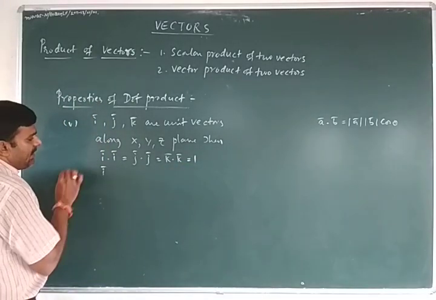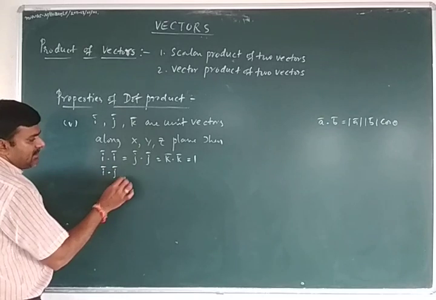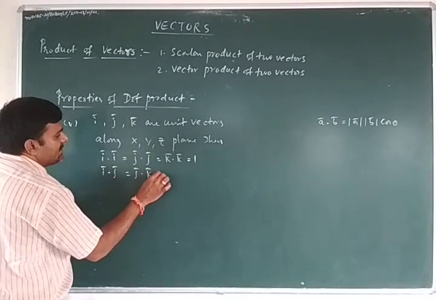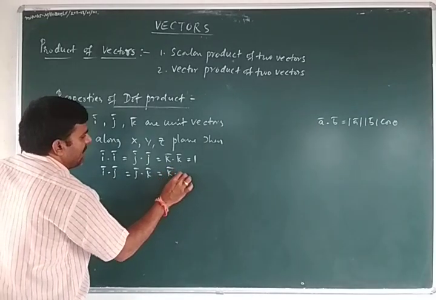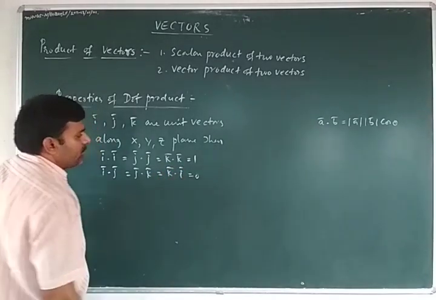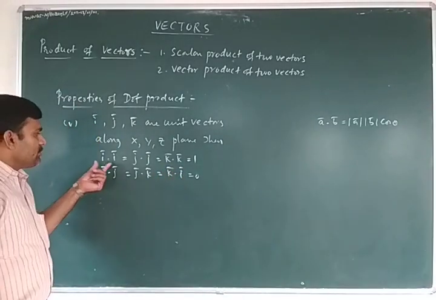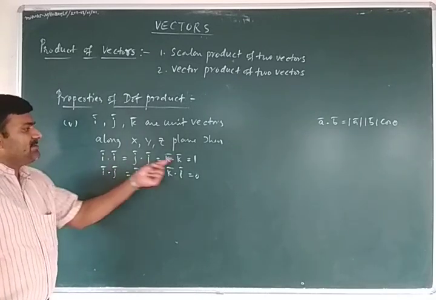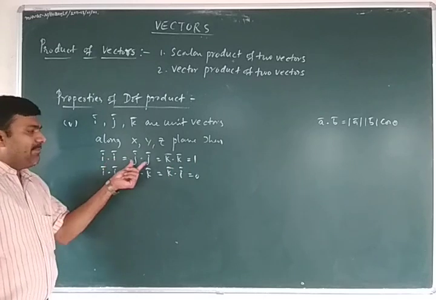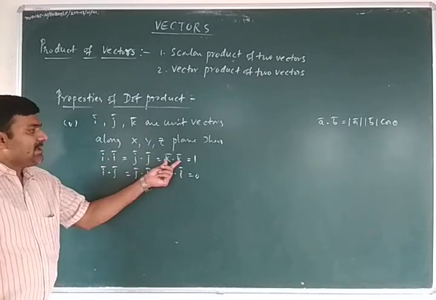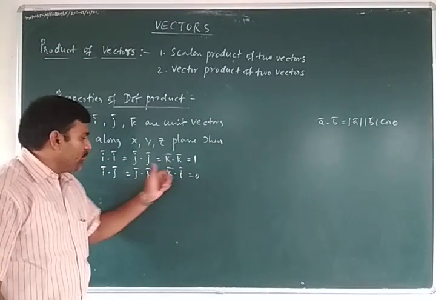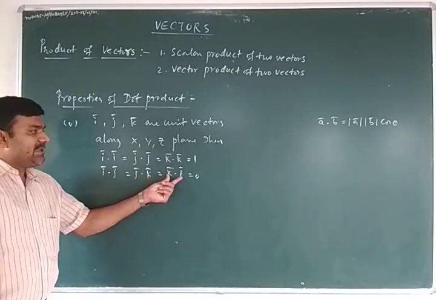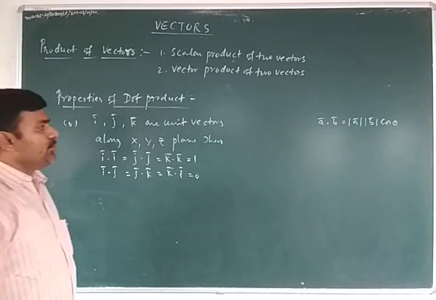And similarly I bar dot J bar is equal to J bar dot K bar is equal to K bar dot I bar is equal to 0. Whenever we have the same vectors, the dot product value is 1: I bar dot I bar, J bar dot J bar, K bar dot K bar is equal to 1. And I bar dot J bar, J bar dot K bar, K bar dot I bar is equal to 0.